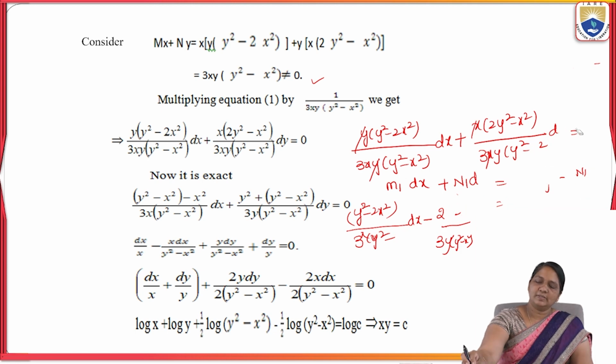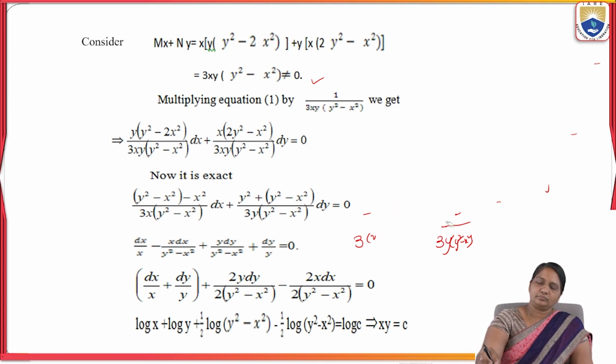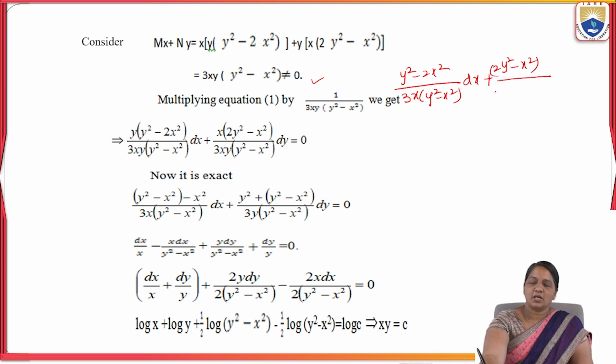So now we are going to simplify this equation. You can observe here: y square minus 2x square by 3x into y square minus x square into dx plus 2y square minus x square by 3y into y square minus x square into dy equal to 0.